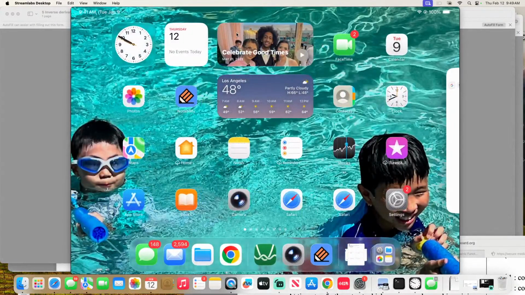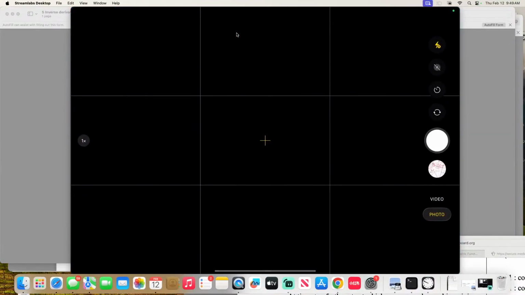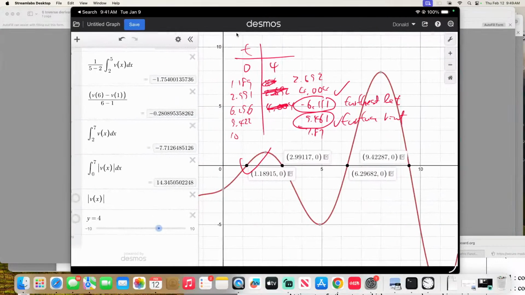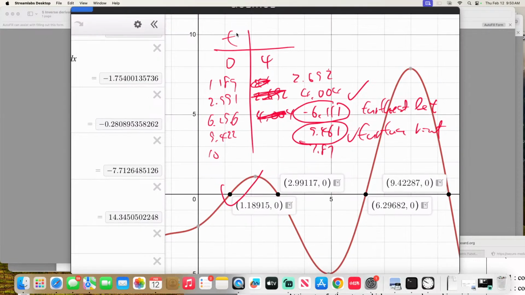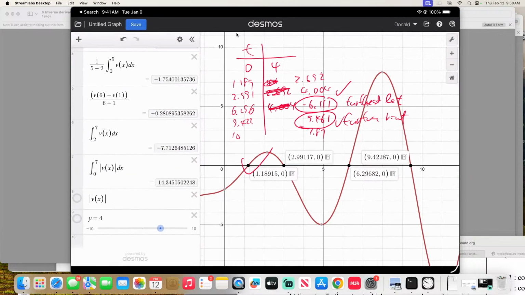Okay, for the next one, I kind of did it on a different picture, so I did H and I both on one table. Now, the first thing I will tell you: the times when velocity is equal to 0 are 1.189, 2.991, 6.296, and 9.422.